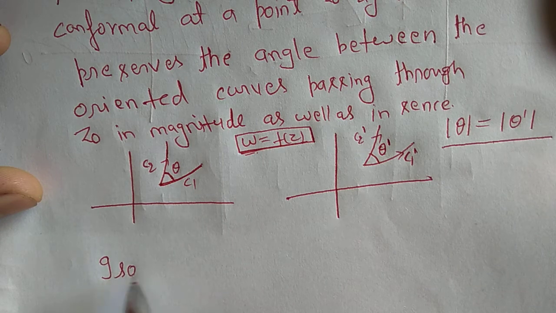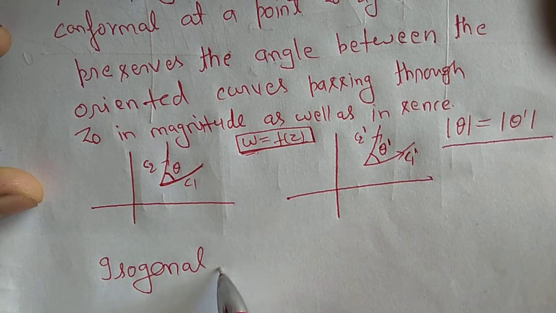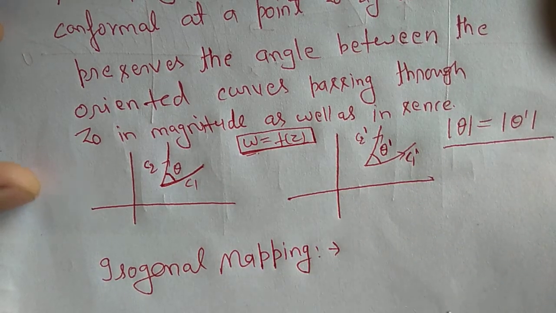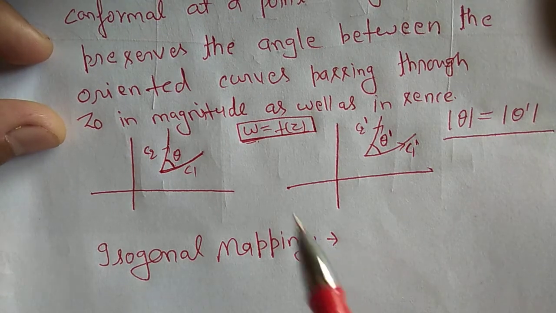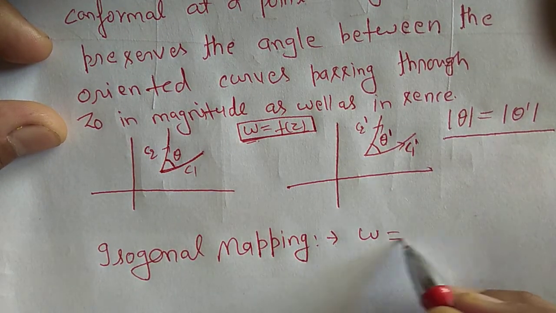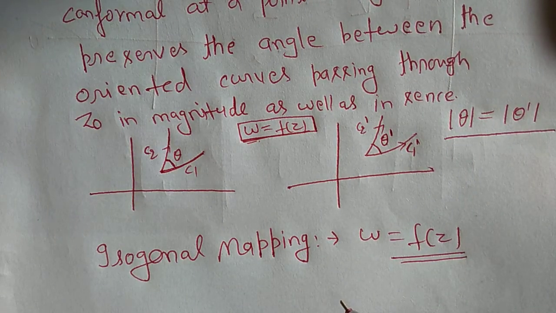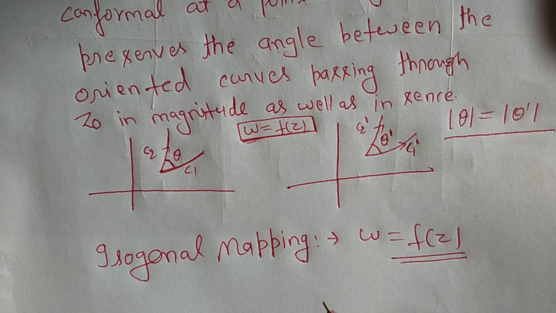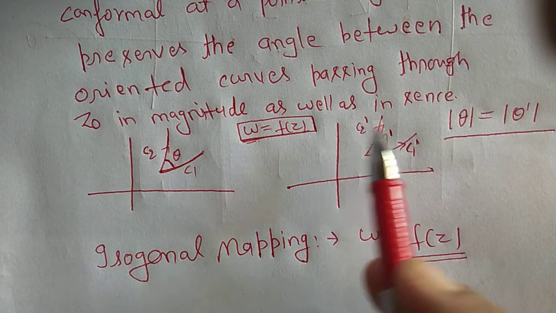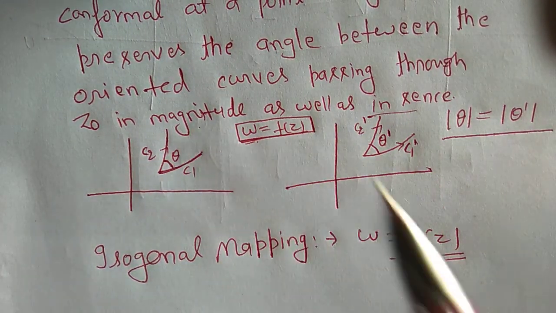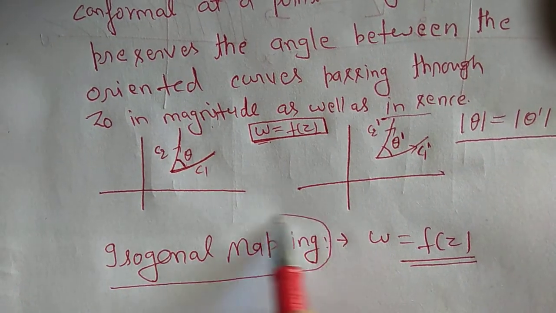Isogonal mapping means the mapping w equal to f of z is said to be isogonal at the point z0 if it preserves the angle between oriented curves passing through z0 in magnitude but not in sense. So the direction may be different. If it is the same in magnitude, then that mapping is called the isogonal mapping.